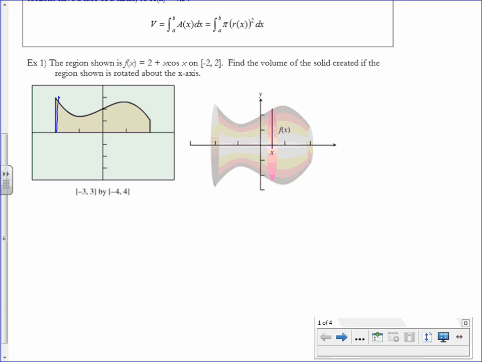If I take this region right here and spin it around the x-axis, I will end up with this vase-shaped figure over here.